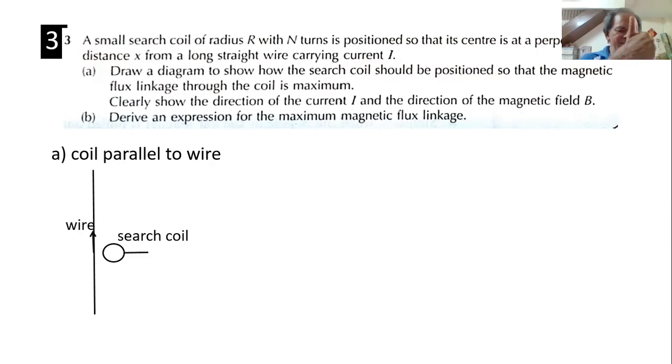The thumb represents the current, and remember it's circular. It's coming out from one side and then going at the search coil end, so it's perpendicular to the surface there. So you want it to be stronger nearer the coil and weaker further away.